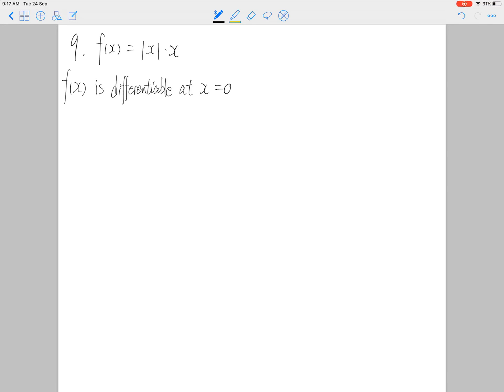It is equivalent to say that, by definition, the derivative of f(x) is the limit when h is approaching 0 of f(x plus h) minus f(x) over h, which exists.